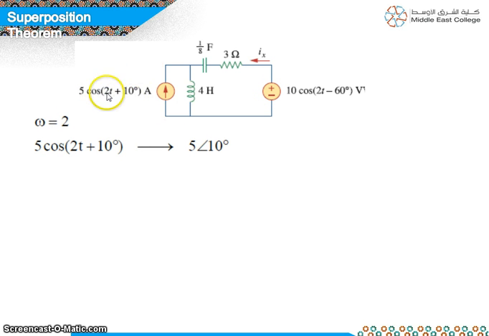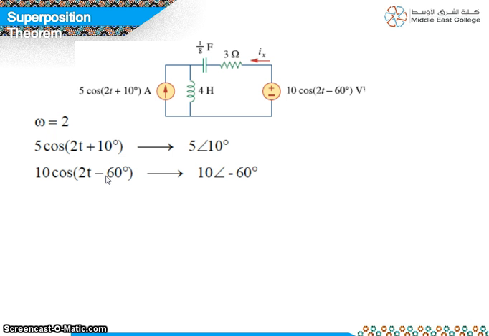Take the current source and convert it into polar form. The maximum value is 5 and the angle is 10. Next, for the voltage source, the maximum value is 10 and the angle is minus 60 degrees. Whatever sign comes with your angle, we should take it. So it is simple to represent in polar form.